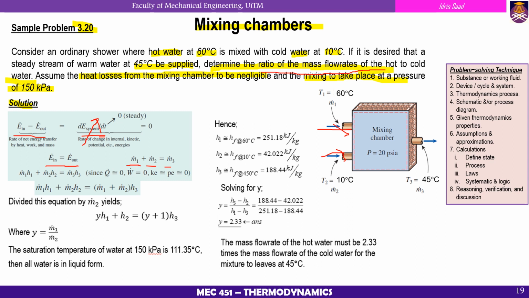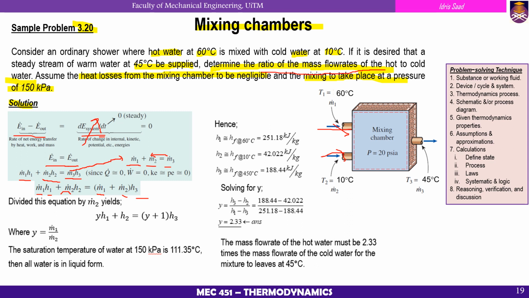Then from this, we do the arrangement as we did in the previous slide for the analysis of the mixing chamber. What we get is m dot 1 H1 plus m dot 2 H2 is equal to m dot 3 H3. We know that based on the mass balance equation, m dot 3 is equal to m dot 1 plus m dot 2, so we get m dot 1 H1 plus m dot 2 H2 is equal to m dot 1 plus m dot 2, multiplied by H3.